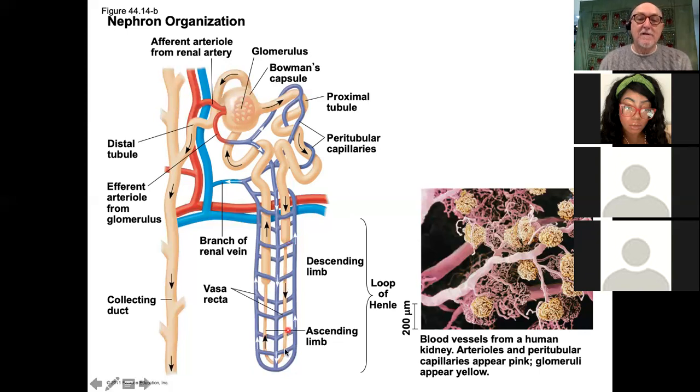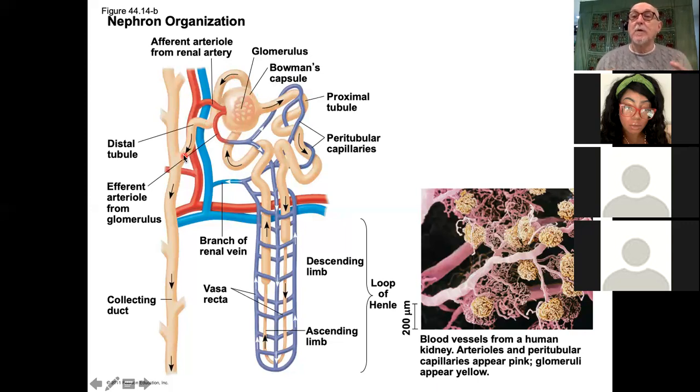It feeds into this limb here, which is called the descending limb. This tube descending down here is called the descending limb. This tube here is called the ascending limb. And this length of tubule here, by the way, this diagram is a little bit deceptive. It's not feeding in here, it's going behind there. And this whole tubule here is called the distal tubule.